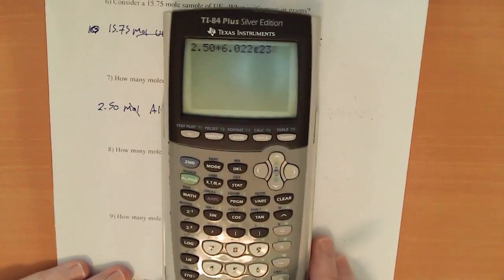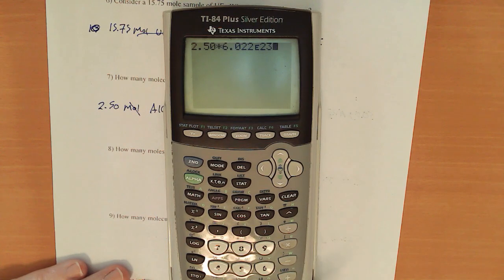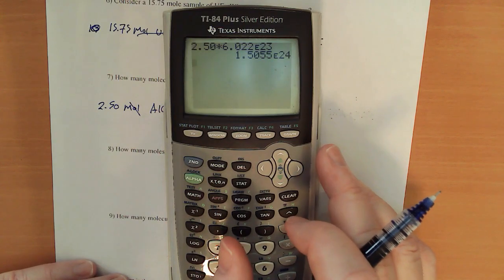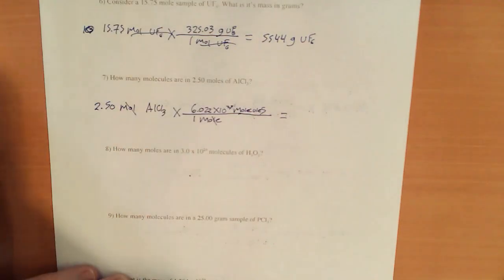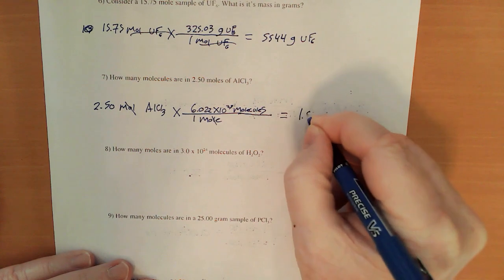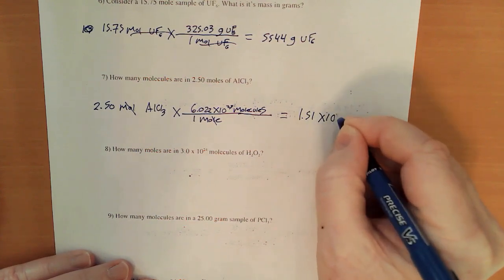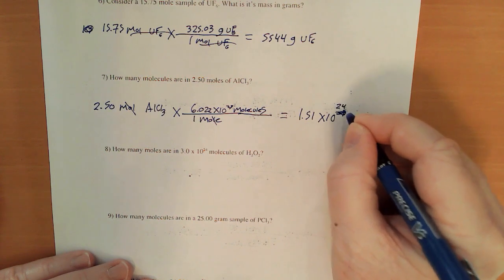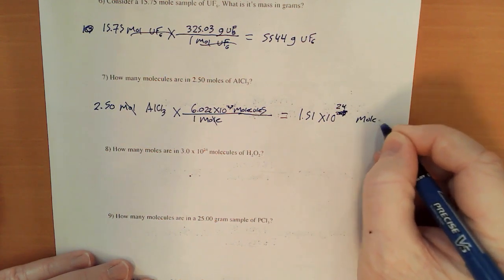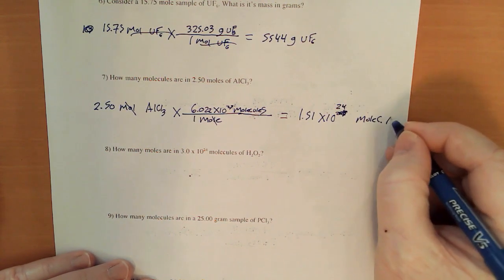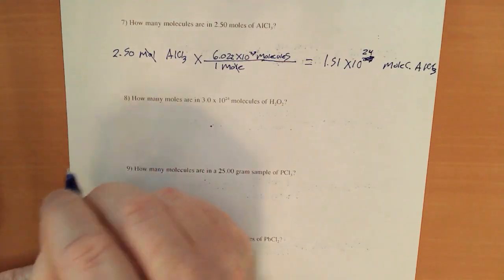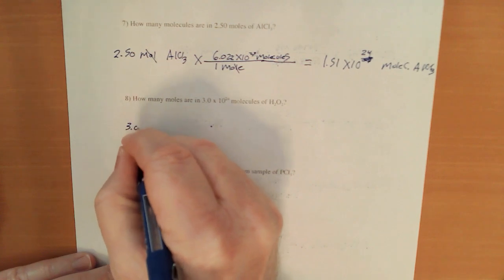Let's make sure you can see that nicely on the screen. Hit enter, and there we go. 1.51 rounded off times 10 to the 24th. 1.51 times 10 to the 24th molecules of AlCl3.